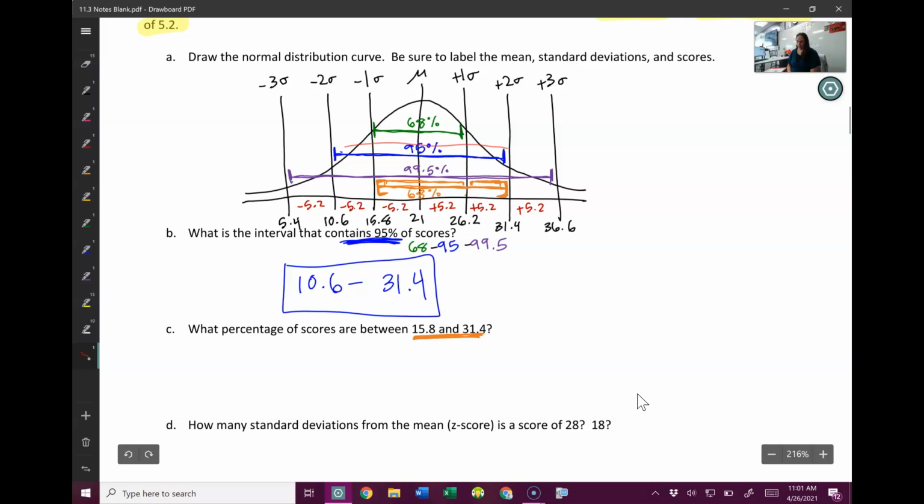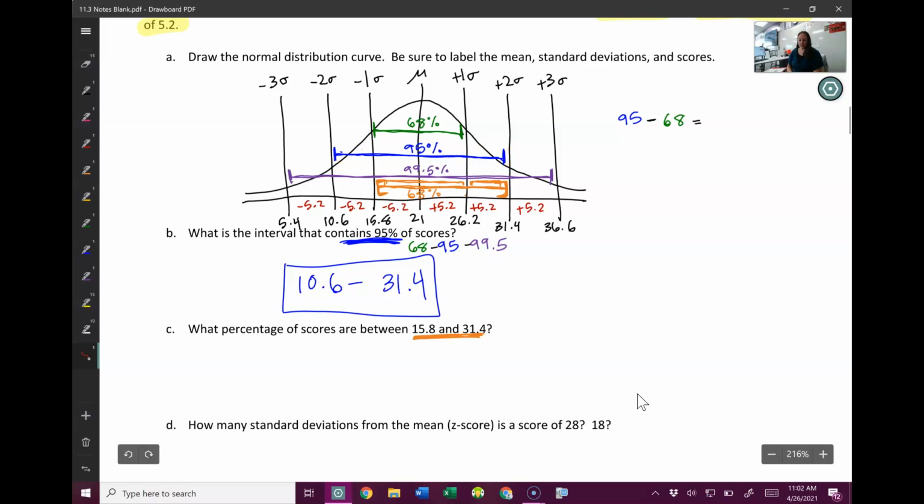If we know that this whole section is 95, and I take out this middle section, so I do the whole thing 95, I'll write this down, minus the 68. So I do this whole thing minus the middle part. Then I'm left with this part and this part.